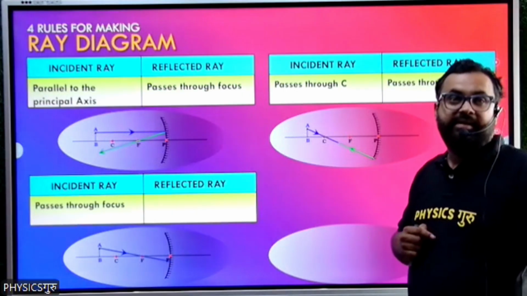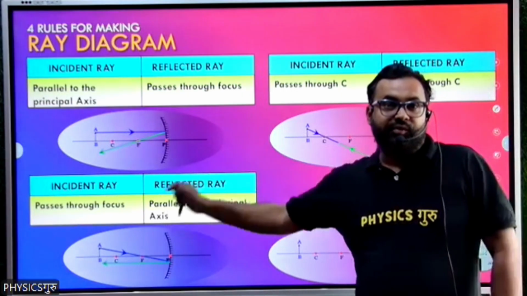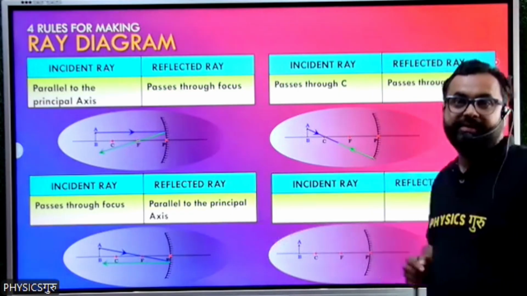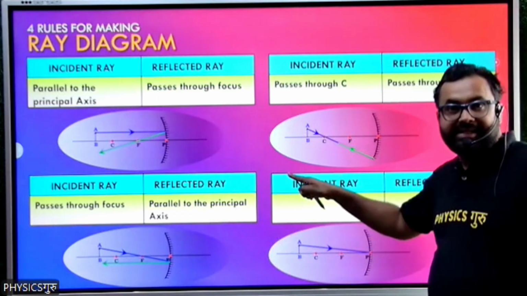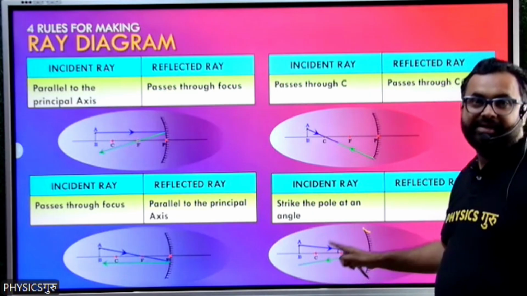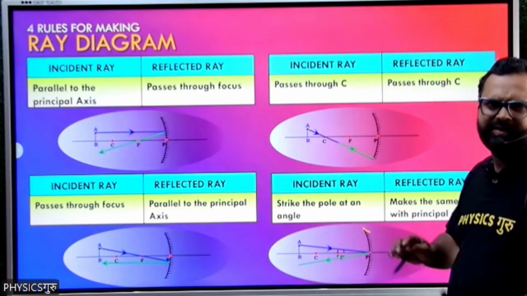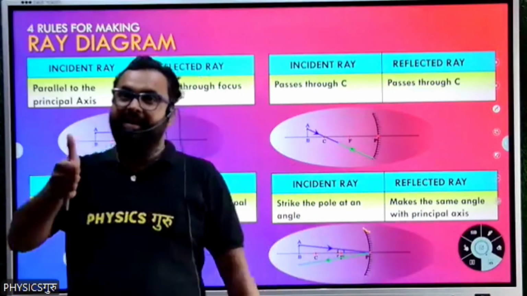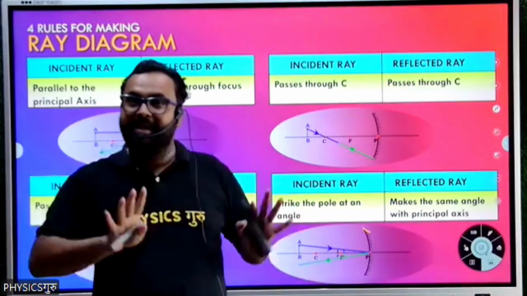Third, a ray passing through focus, after reflection passes parallel to principal axis. Fourth, when a ray is incident on the pole, after reflection it traces the same angle, so angle I is equal to angle R. This is the summary of the ray diagram. Clear? Any doubt in this particular slide?